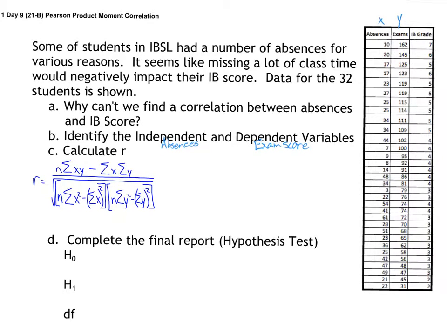So the absences is independent, the exam score we're considering as something that's dependent, at least in part, on the number of absences here, okay? So it can be an influencing factor here, not a direct cause and effect, but it can have an influence. Does that make sense so far?